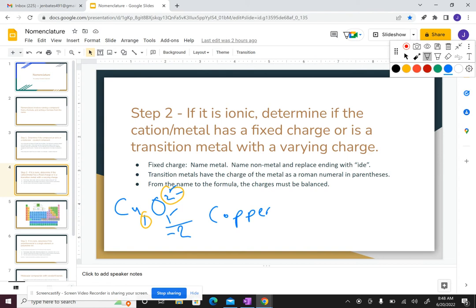What multiplied to this 1 will give you a +2 charge so that it can be balanced out? A +2. So we know that this is copper 2. And oxide, because it's not a polyatomic, it's a single element, so it ends in IDE.